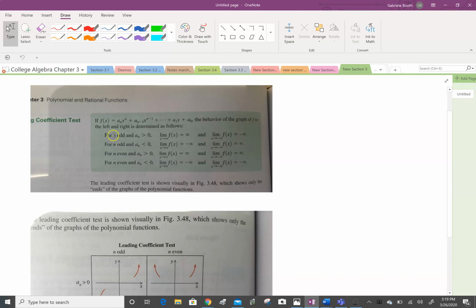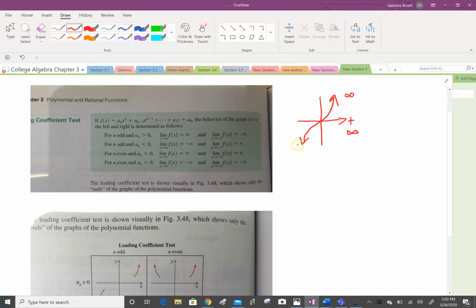So if the degree is odd and the leading coefficient is positive, greater than 0, then, a quick example: as x goes towards positive infinity, y also goes to infinity. So we go to infinity on the x-axis and we go to infinity on the y-axis.